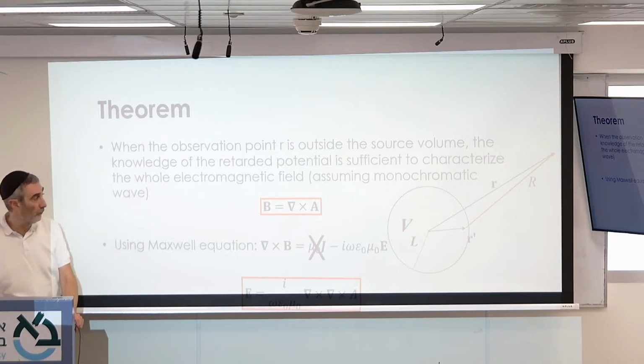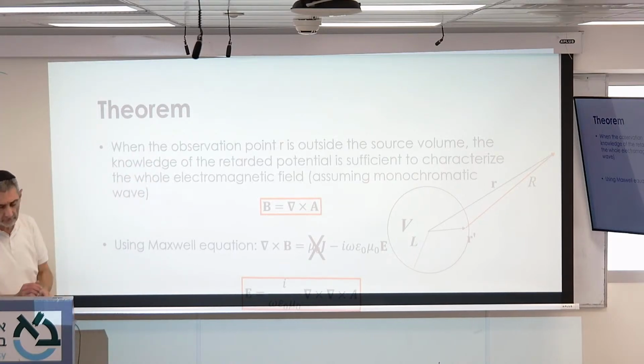What is very important is that this theorem says that when the observation point R is outside the source volume, the knowledge of A, the retarded vector potential, is sufficient to characterize all the fields that are radiated by the particles.